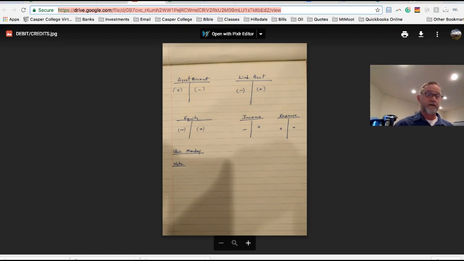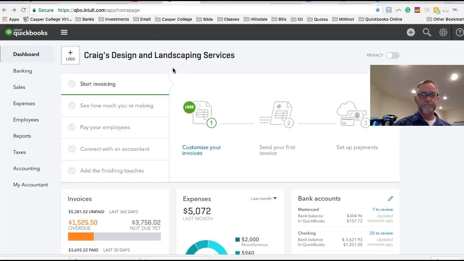I've got it hanging on the wall here, and I refer to it because I refuse to memorize this kind of stuff. So I'll be referring to this little diagram so that we can make the correct entries. And that's what Chapter 5 is: ending period adjusting entries that we'd make throughout the year. Okay, so let's go ahead and visit about them.